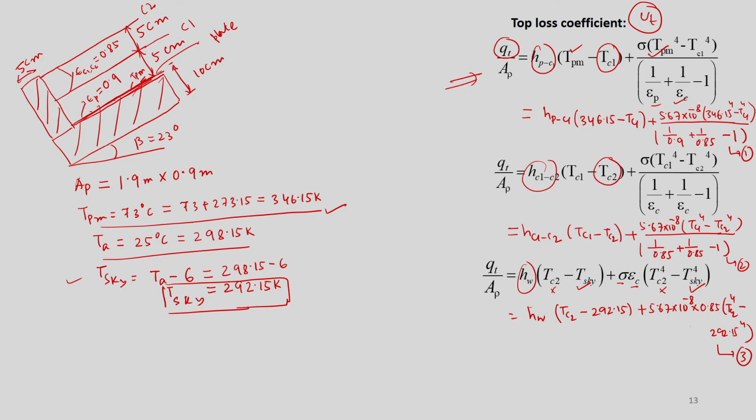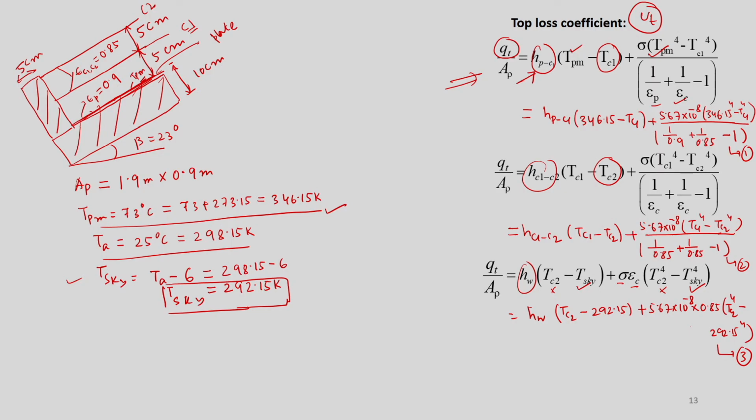Now, our next step is to calculate this heat transfer coefficient. So, we need to use appropriate correlation for calculation of this heat transfer coefficient, right. So, before we do that, we must know the temperature of TC1, but which is not given. We need to assume those values TC1 and TC2.